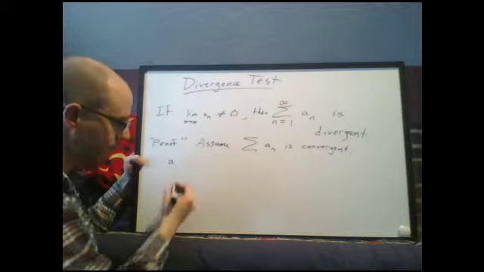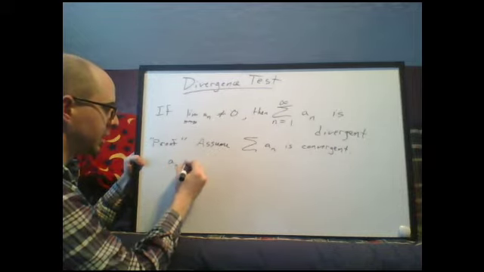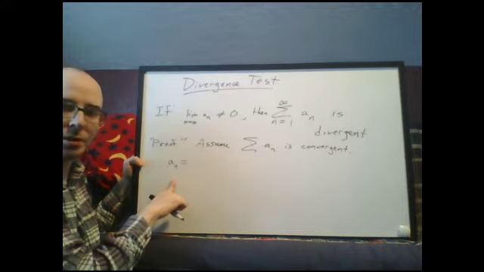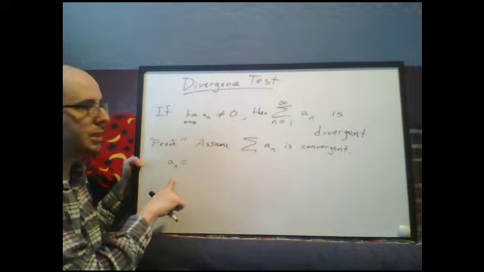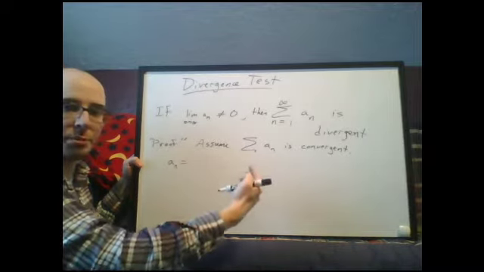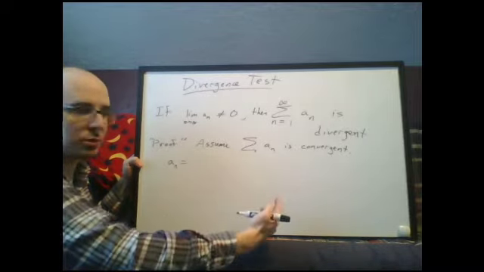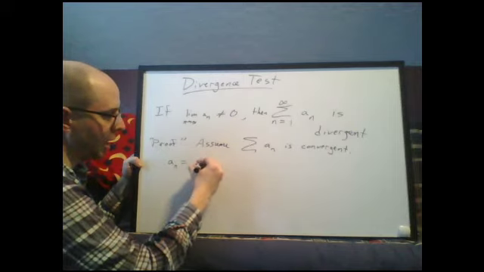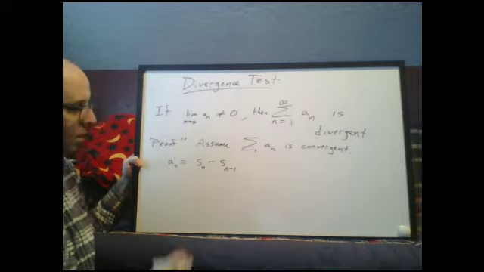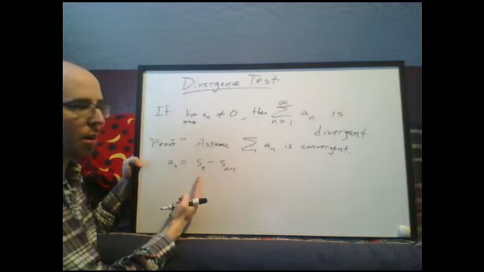All right, but I can say this. a_n, an individual element of the sequence, is the difference between two consecutive partial sums. So it's S_n minus S_(n-1). S_n would be the sum of the first n a's.